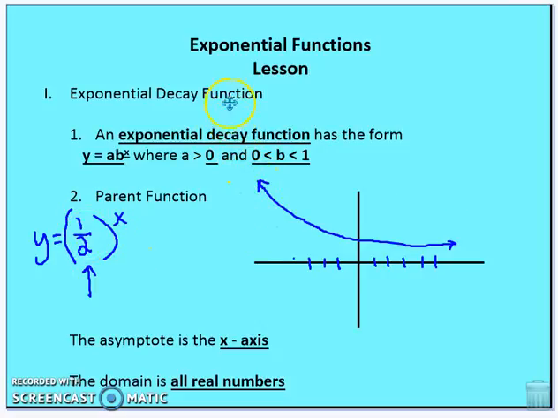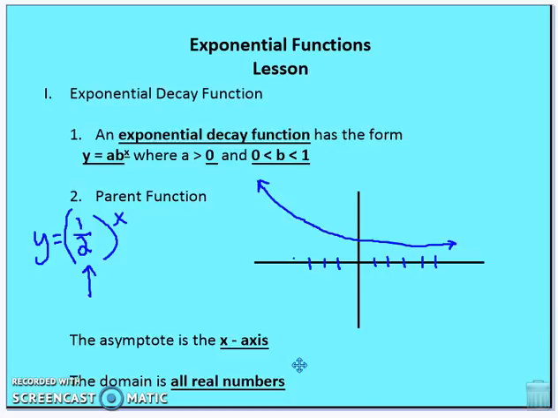So I have a value from infinity, and as x becomes greater and greater, the value of that function moves closer and closer to 0. The asymptote again is the x-axis, and the domain still is all real numbers. Now the range is going to change based on the function. We're going to talk about transformed exponential growth and decay functions in just a moment.